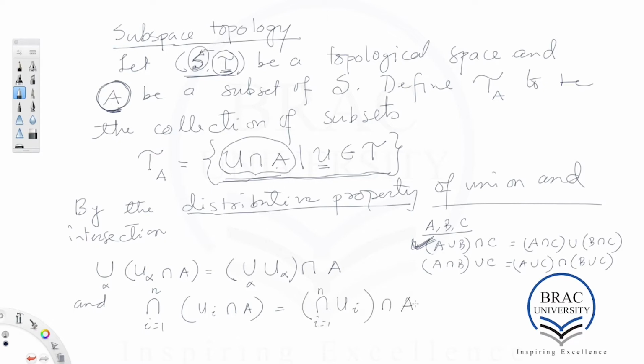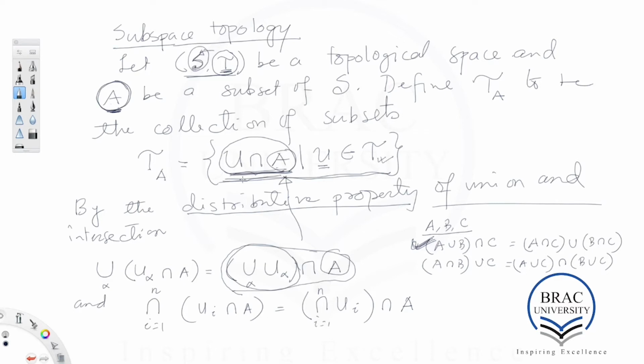So what does it mean? It means that if we take an arbitrary collection of such sets, then the union of that arbitrary collection can be written like this, and this is also in the form of this one, where this set is again an open set in tau. Why?